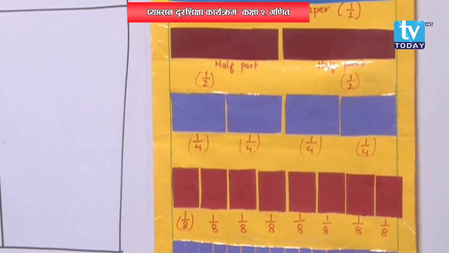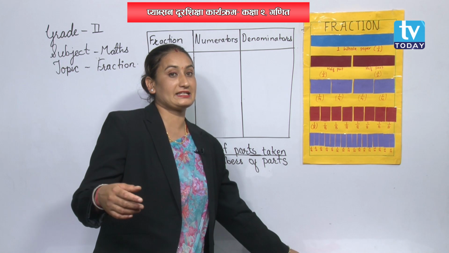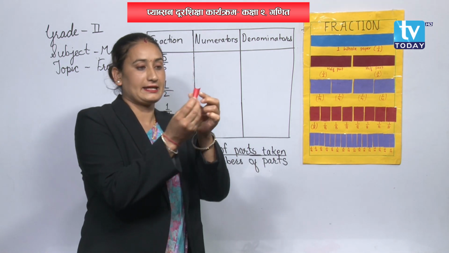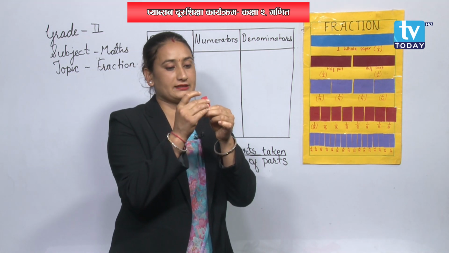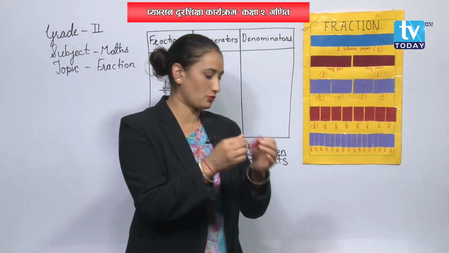Students, now next, again I am going to divide, again I am cutting this paper into 2 halves. See, again fold it in the middle and cut into 2 halves, okay.